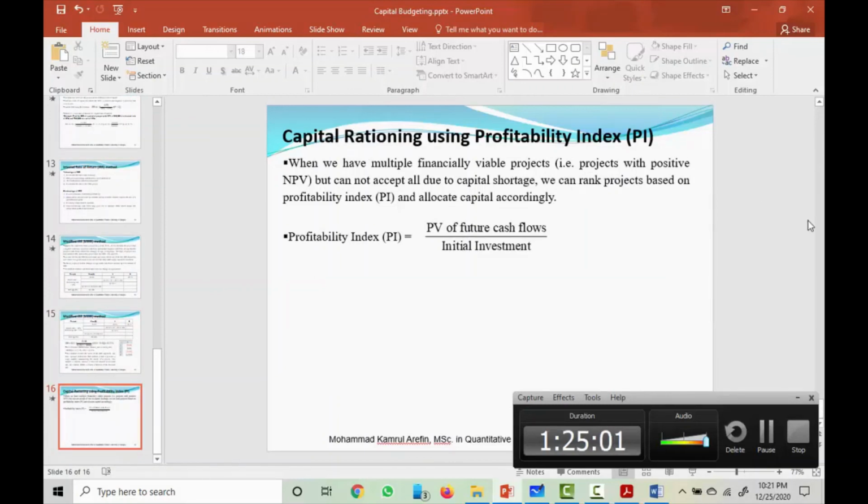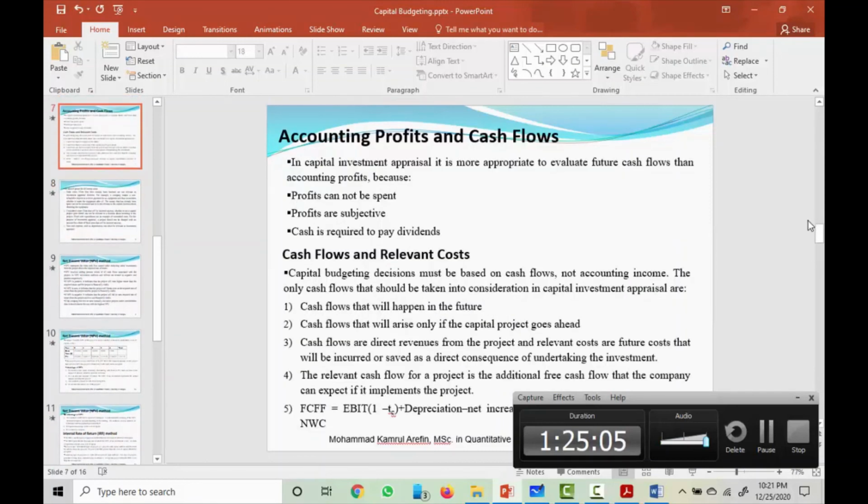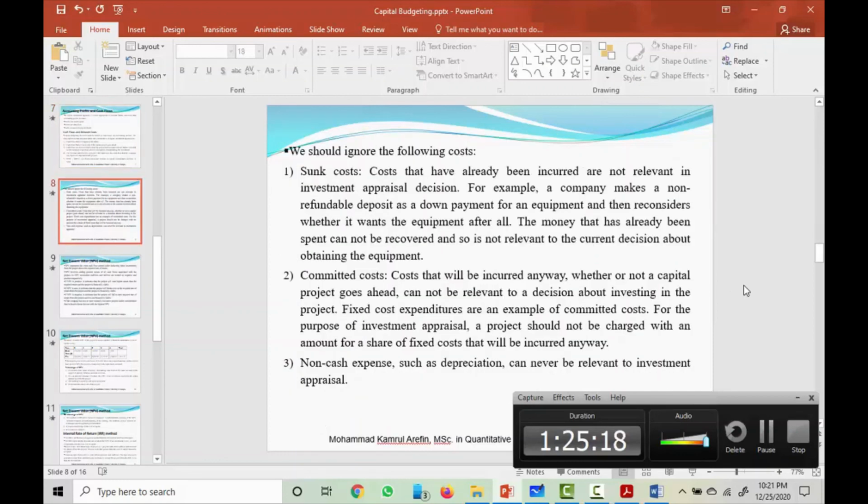We will study capital rationing using the profitability index, and we will also study the difference between accounting profits and cash flows, and relevant costs. That is, what cash flows and relevant costs we should consider in project evaluation. So in the next class we will study those things. This is the end of the capital budgeting lecture series.